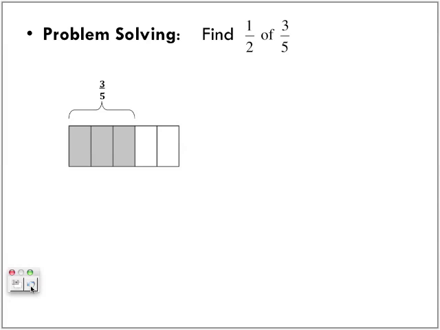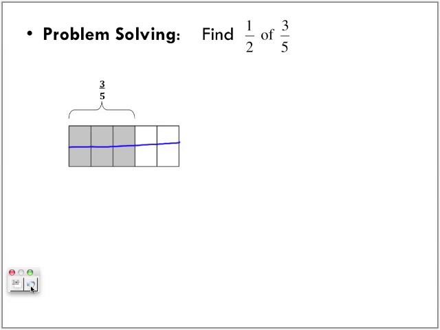We have our whole cut into 5 equal pieces, but we're only referring to how many of these pieces? 3 of these pieces. Now if I want to find half of this, I'm going to cut it in half.